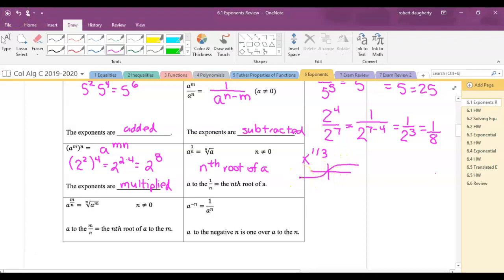Okay, that was x to the 1/3. We said that this is the same thing as saying the cube root of x. Those are the same expressions. So 8 to the 1/3 is the same thing as the cube root of 8. What number can you multiply 3 times and get an 8? That number is 2.